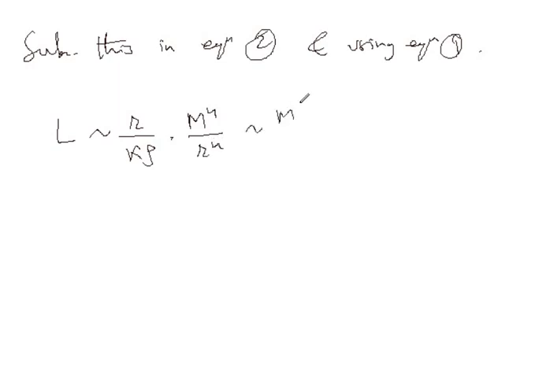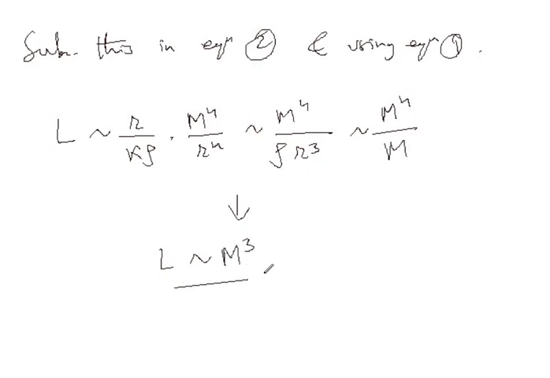So this scales as M to the power 4 by rho r cubed. Again this scales as M to the power 4 by M. So this means that L is of the order of M cubed. Hooray! We get this. You see, this is what we have observed for main sequence stars.